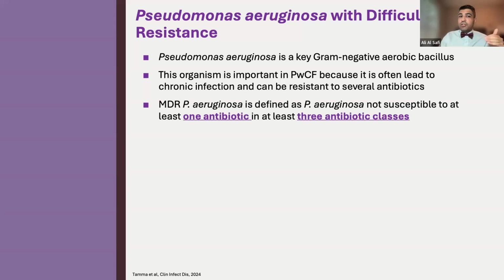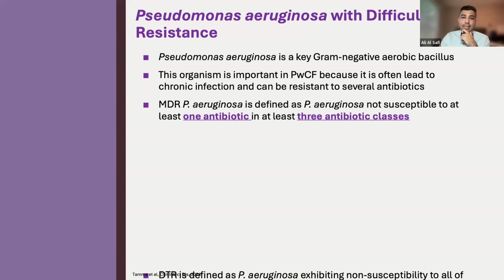MDR, or multi-drug resistant Pseudomonas, is defined as Pseudomonas not susceptible to at least one antibiotic in at least 3 antibiotic classes. So that includes penicillins, cephalosporins, fluoroquinolones, aminoglycosides, and carbapenems, as we saw earlier in the case.